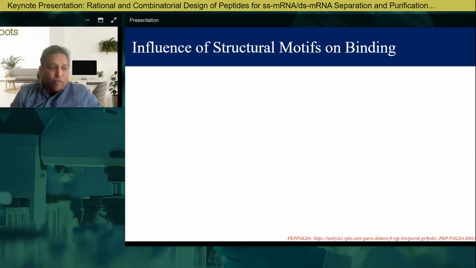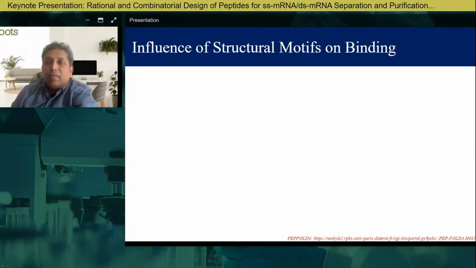Now, one of the things that we were curious about is now that we have leads that we've identified from rational design and leads from the combinatorial screening, we wanted to see if there are any similarities between them. Right off the bat, one thing we noticed was that when we were designing peptides from naturally occurring protein templates, we saw a high abundance of alpha helical structures or alpha helical motifs in those binding domains. And this is not an observation that we made, but it has been made by folks before us as well.